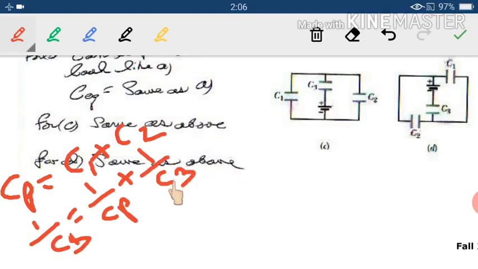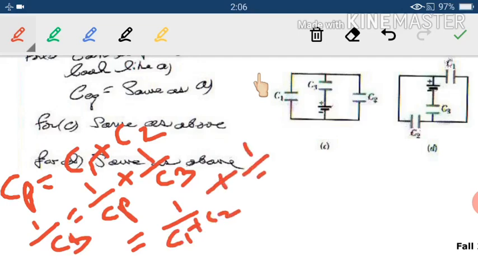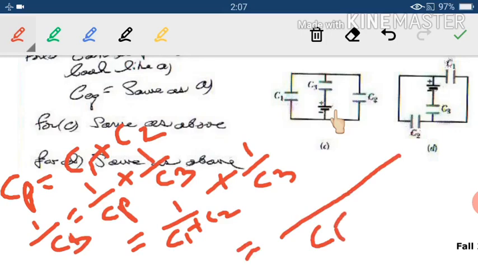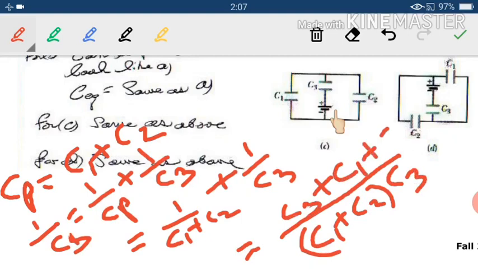As C3 is in series with Cp, the equivalent capacitance Cs will be 1 upon Cs is equals to 1 upon Cp plus 1 upon C3. Now in place of Cp, we can easily substitute C1 plus C2. So it will give you 1 upon C1 plus C2 plus 1 upon C3. When you take out the LCM, finally you will have C1 plus C2 into C3 in the denominator... the LCM will be this, and here you will have C3 plus C1 plus C2.